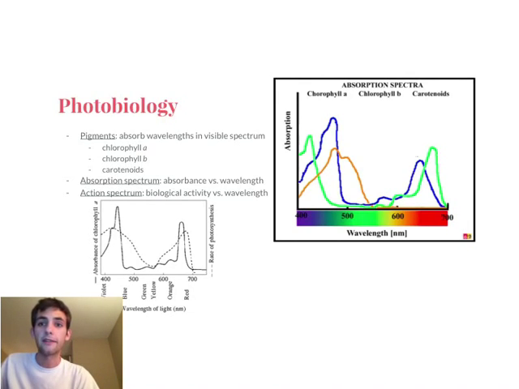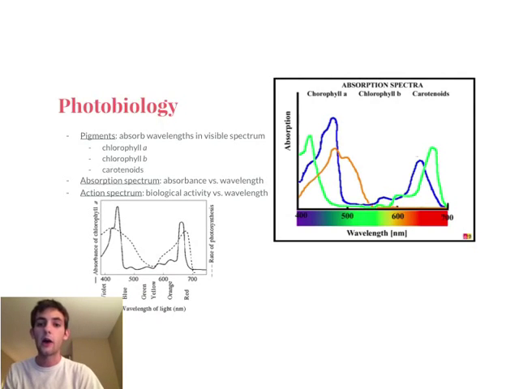When we're creating graphs of pigments and the way they absorb wavelengths, we have two types of graphs we can make. We can make an absorption spectrum, which measures the absorbance against the wavelength, or we can graph what's known as an action spectrum, which is the rate of photosynthesis or biological activity against the wavelength of light.